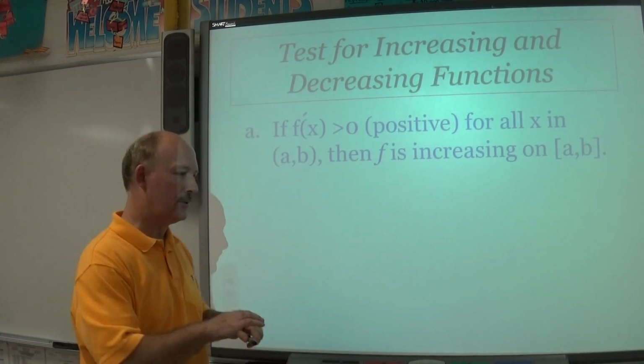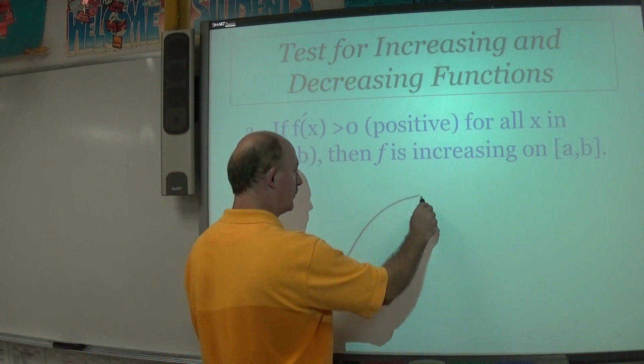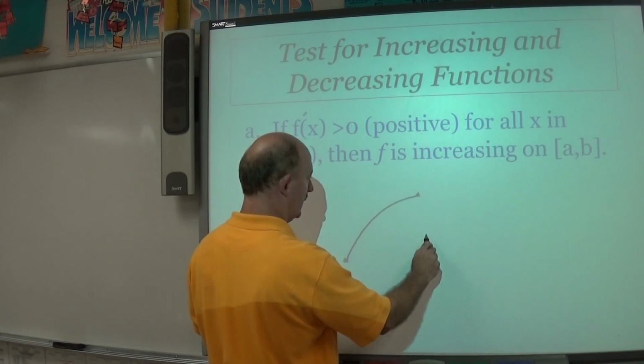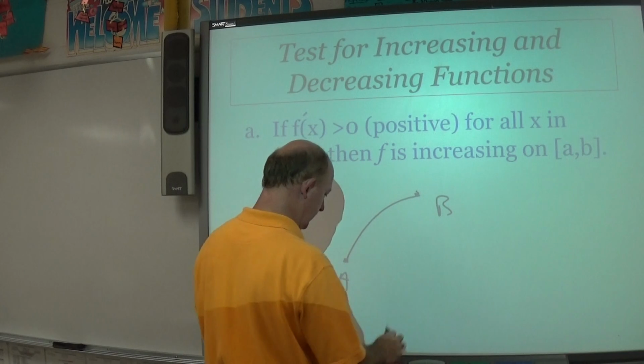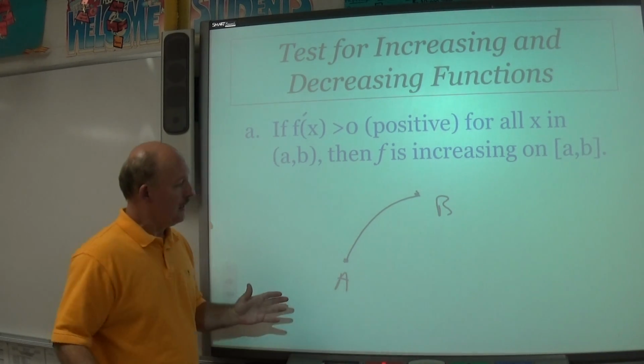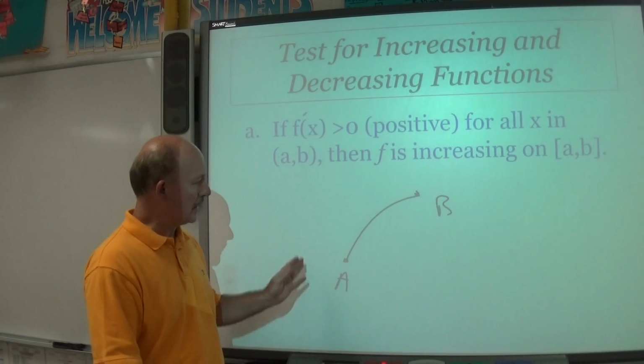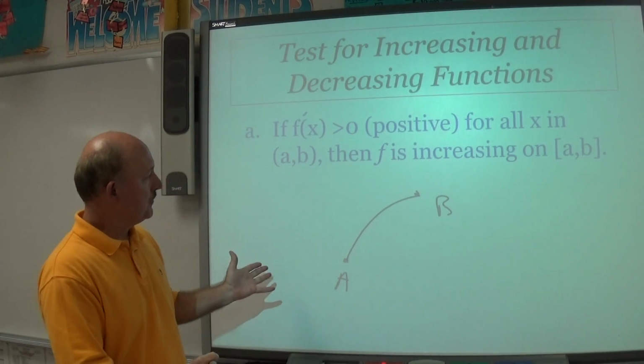So think about this now. Say you have a curve like so, from a to b, all right? Now once again, as you look at the graph, my graph is increasing on the interval from a to b. So think about this.